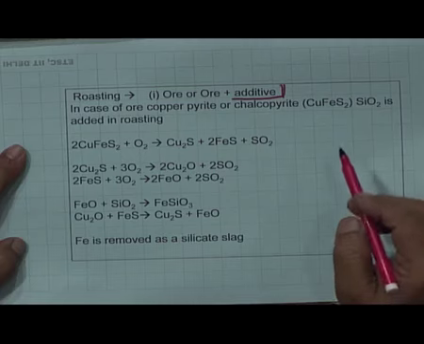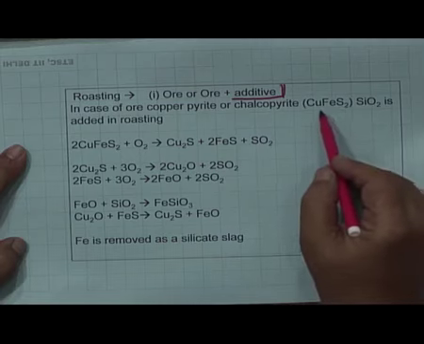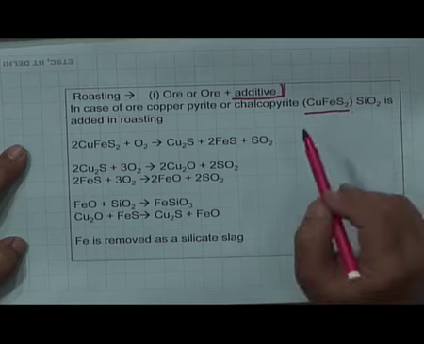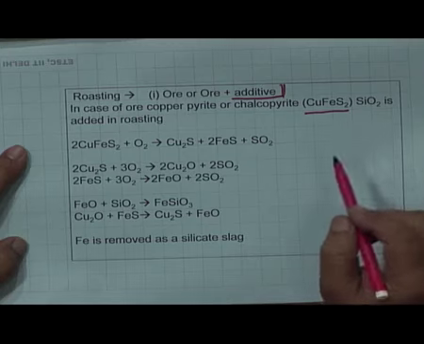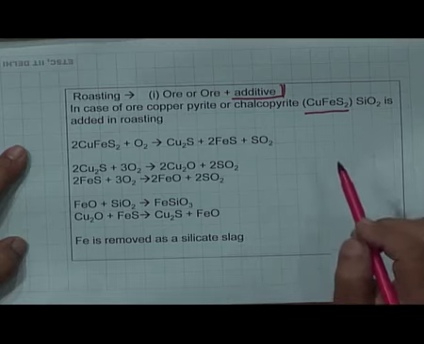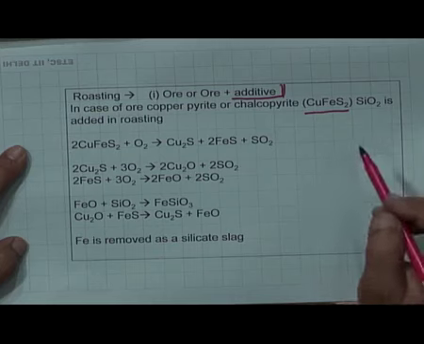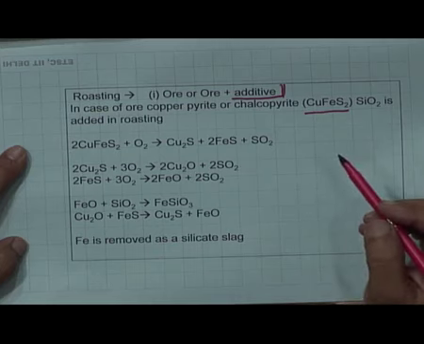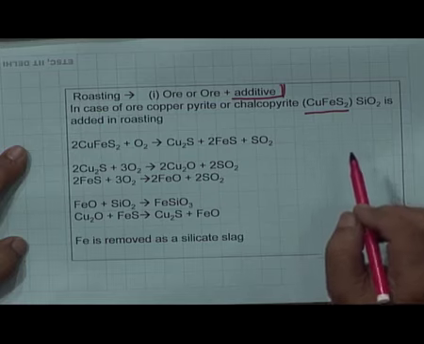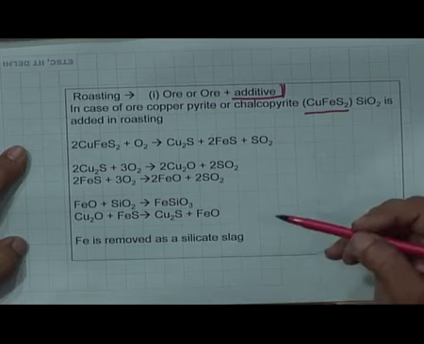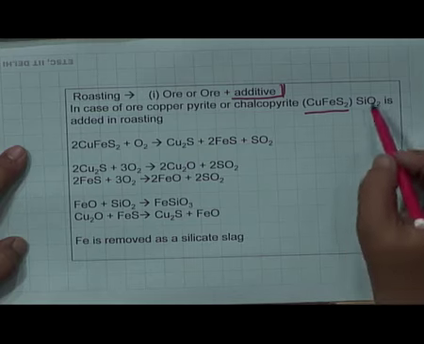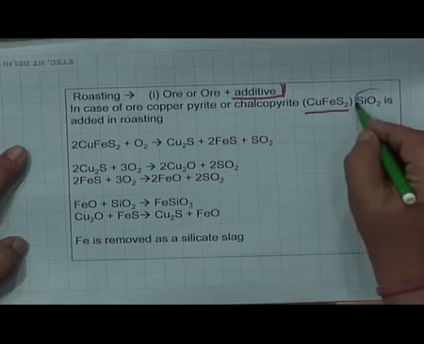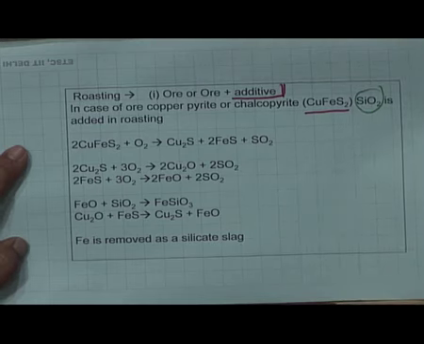In the case of the ore copper pyrites, there is a mixed sulphide, CuFeS2. We do not want Fe converted into oxide to go along with copper oxide. So, what we want is that in the process of roasting, Fe or iron is removed. So, what is done is that silica is added as an additive in the course of roasting.